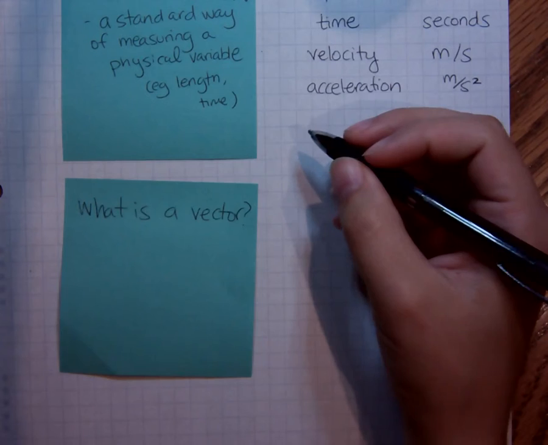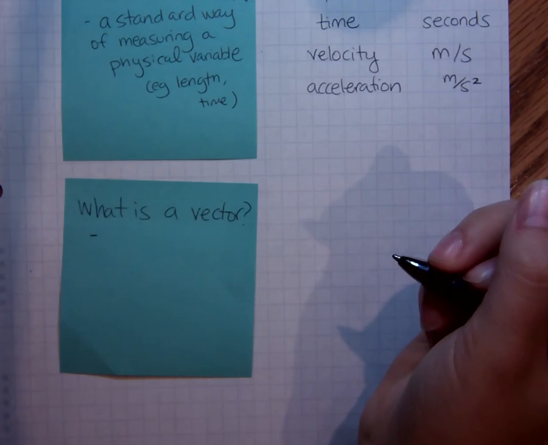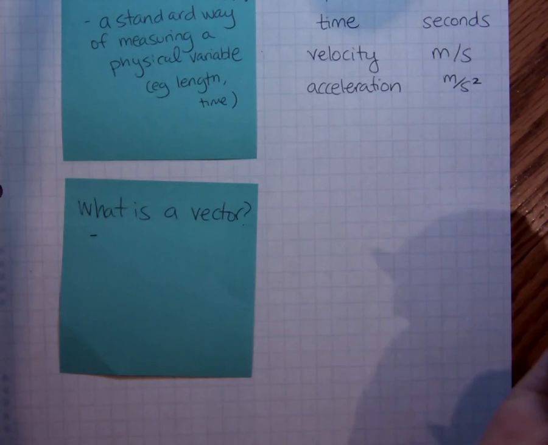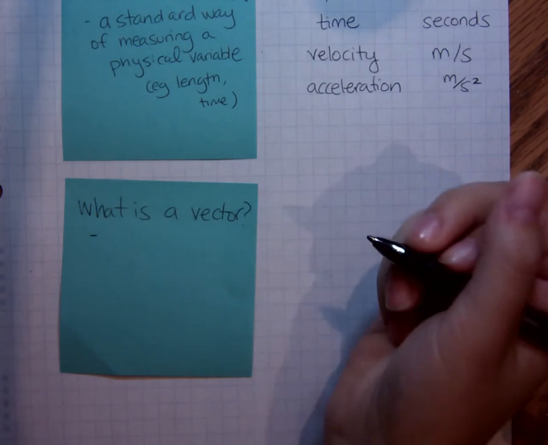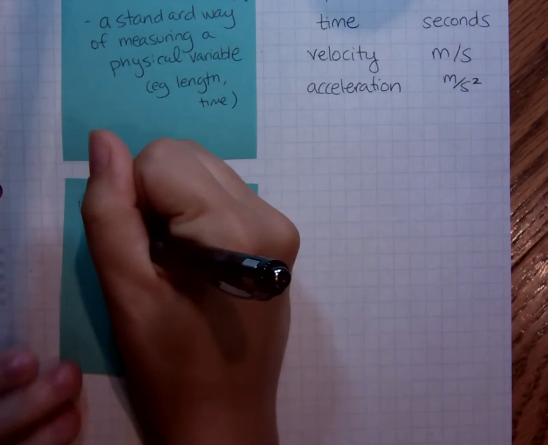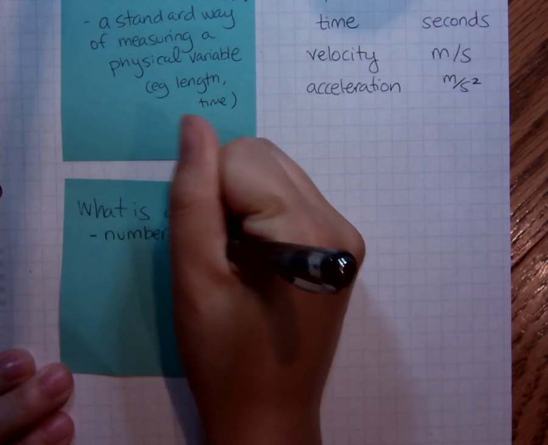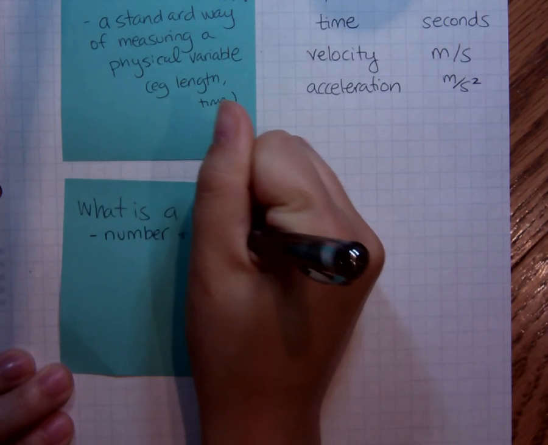When I take a measurement for speed, I come up with a number. Well, a vector just has an additional piece of information tacked onto it. It has a direction. So I know you guys have seen this a lot, but I'm going to go ahead and say it again. A vector has both number and direction.